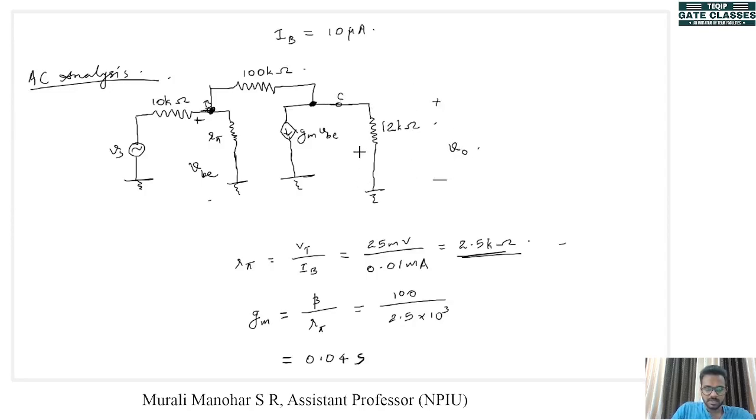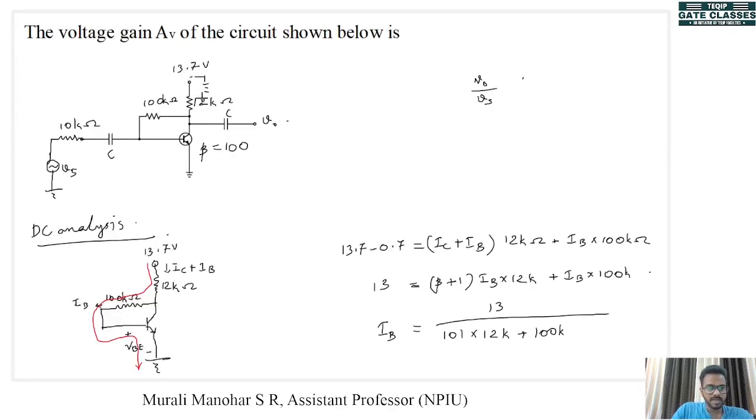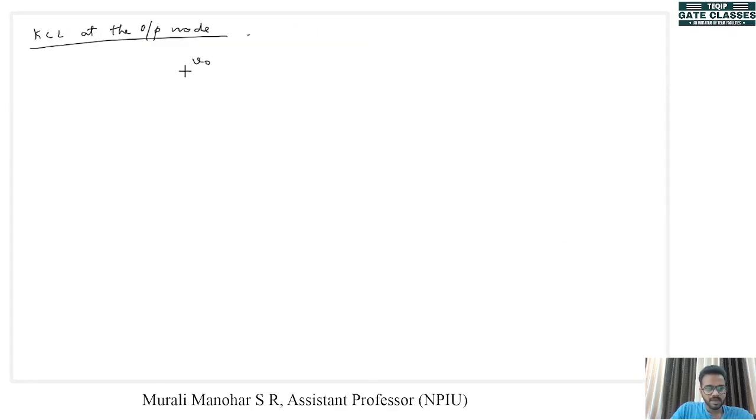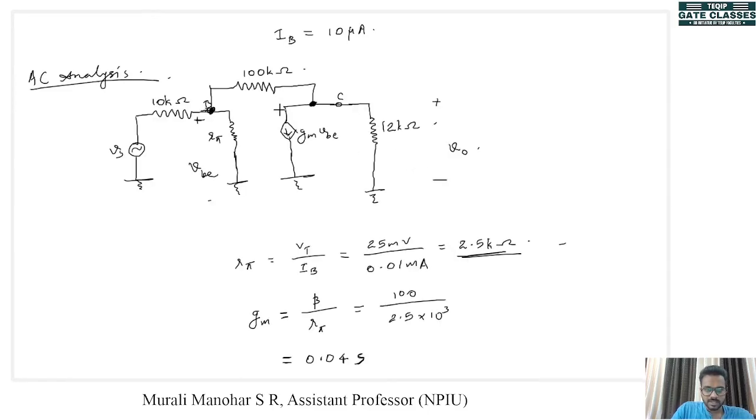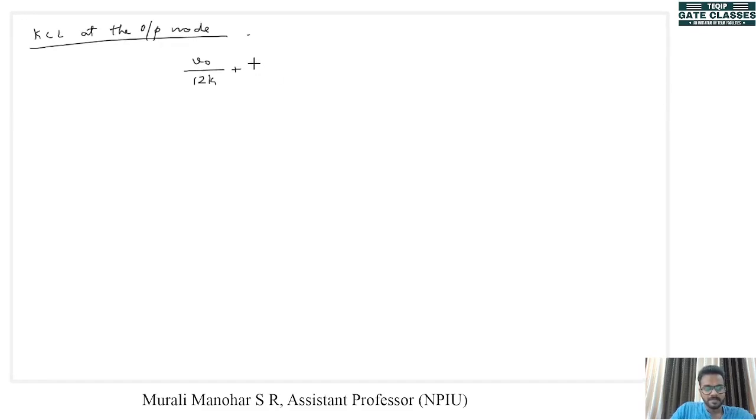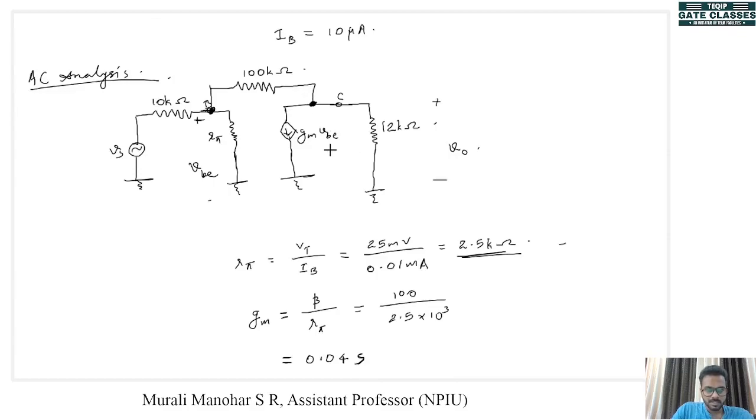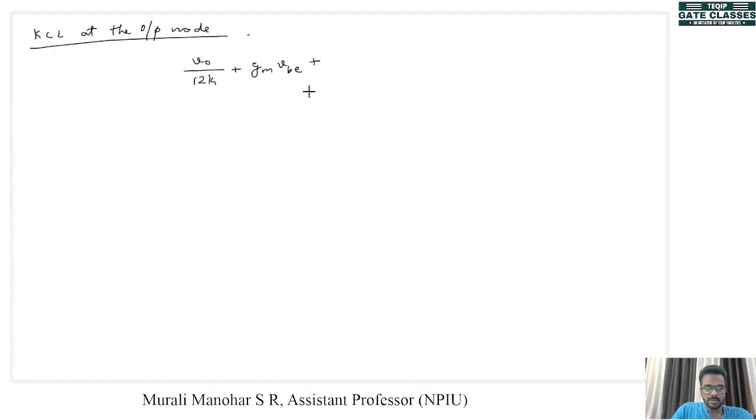So the current here is V out by 12K, so V out divided by 12K plus GM VBE plus the current going here, which will be V out minus VBE divided by 100K. This will be equal to 0, right?